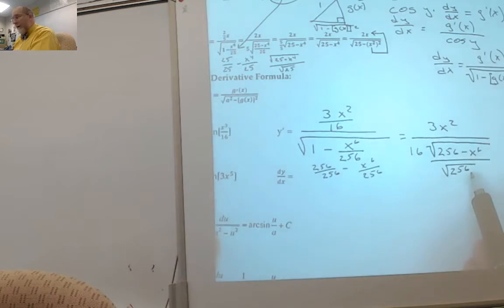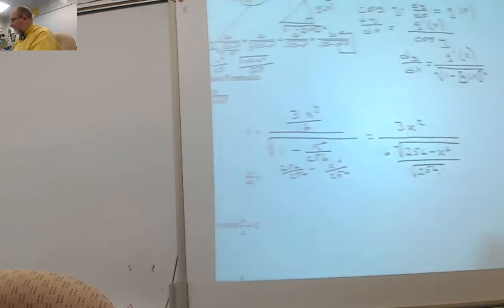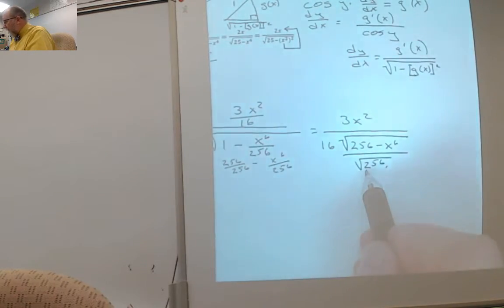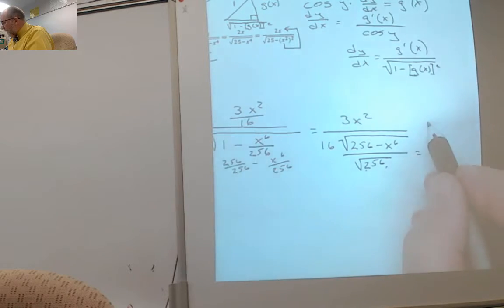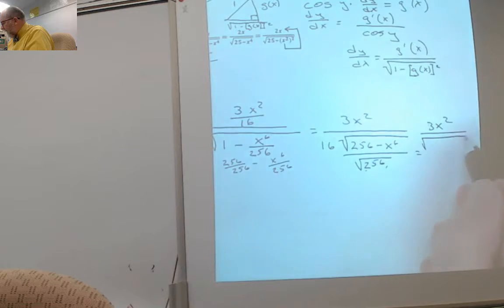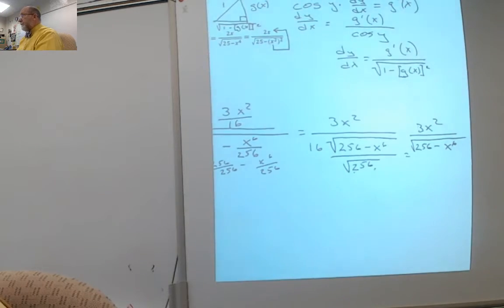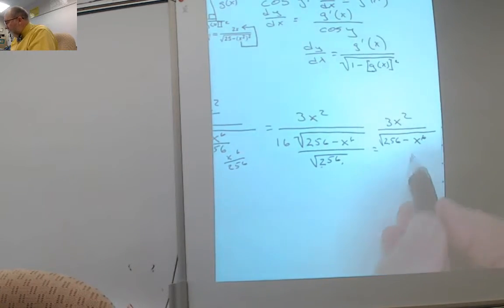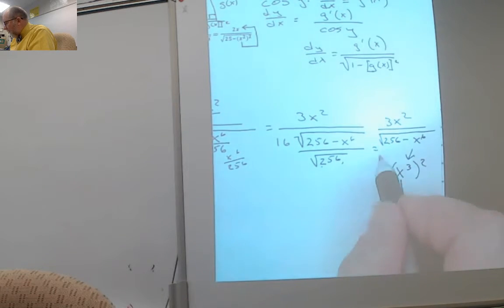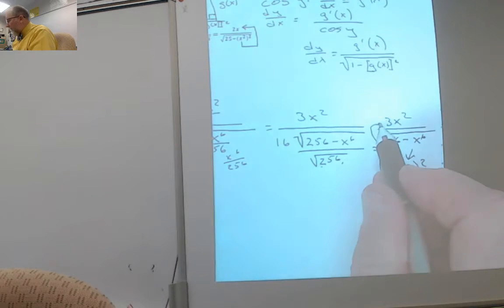Then wrote it like this. The square root of 256 is 16. So I'm left with this, 3x squared over the square root of 256 minus x to the sixth. And if I look at x to the sixth, it is x cubed squared, and the square root of x cubed is 3x squared.